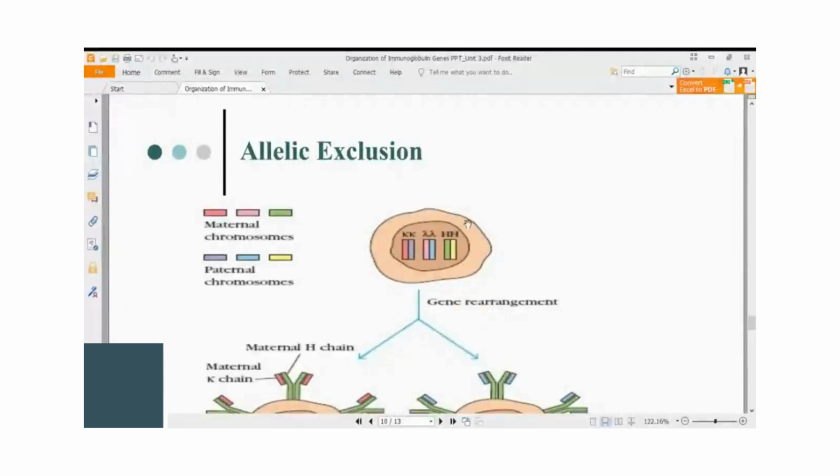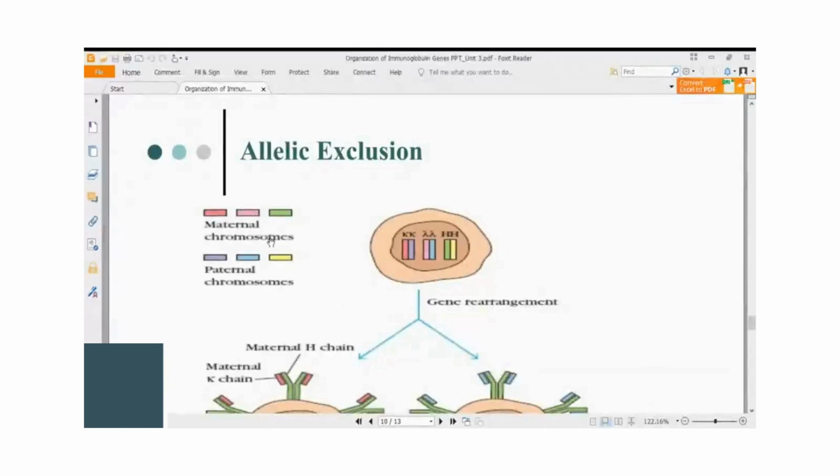So for any given individual, in his somatic cells, he will have inherited one complement of genes from the mother, one complement of genes from the father. Here the color combination is shown for your understanding. Please note, in the cell, the genes are not colored and they don't exist in a colored combination.